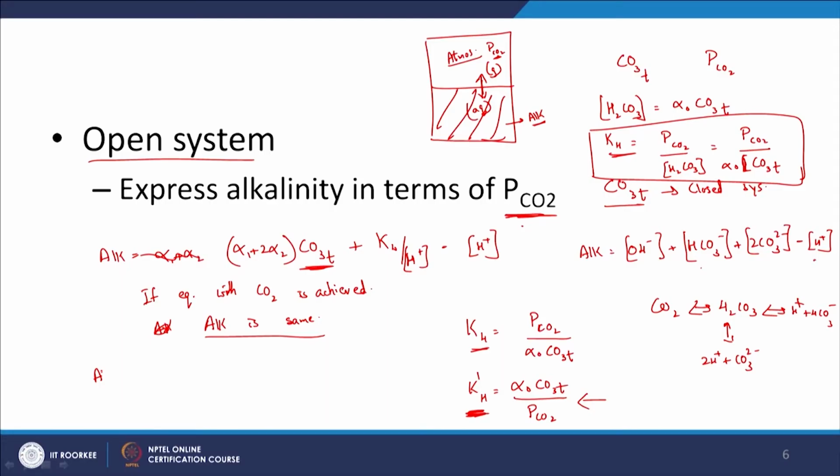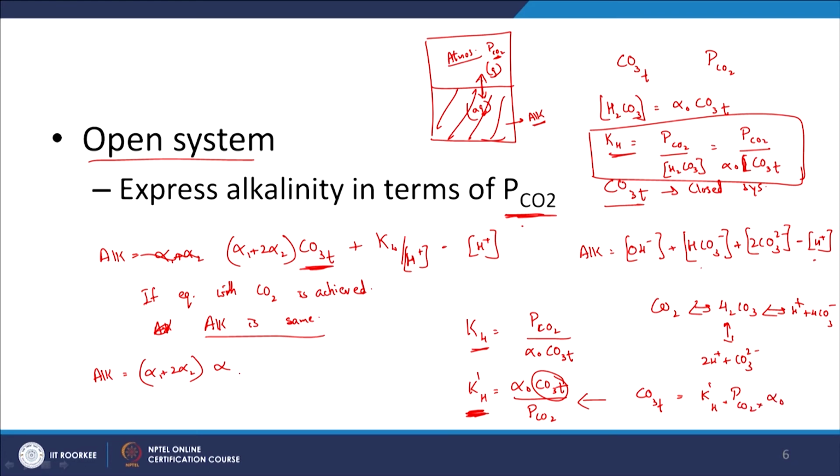So how can I express alkalinity here? Alkalinity is now going to be equal to alpha 1 plus 2 alpha 2 into CO3 total. CO3 total in this case is equal to K dash H into partial pressure of CO2 divided by alpha naught.